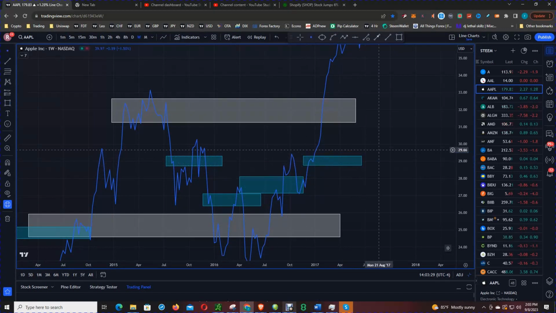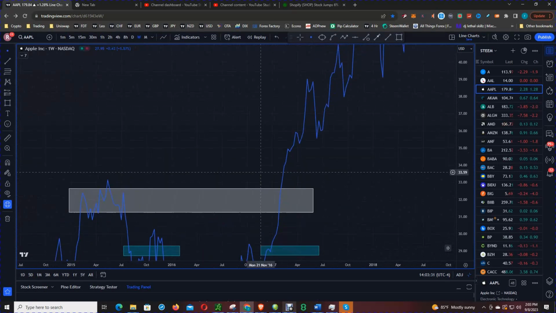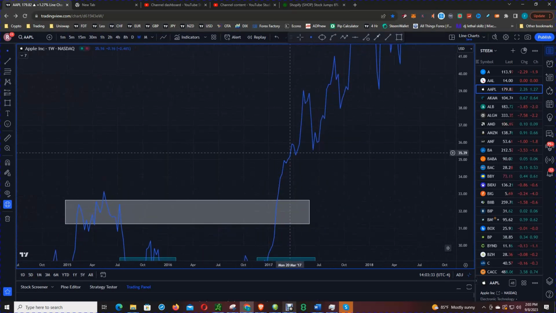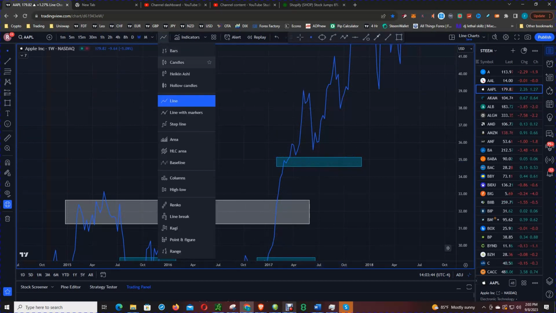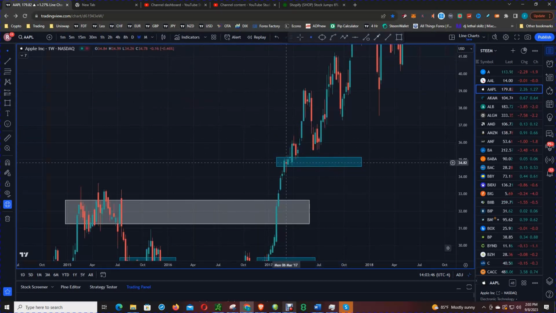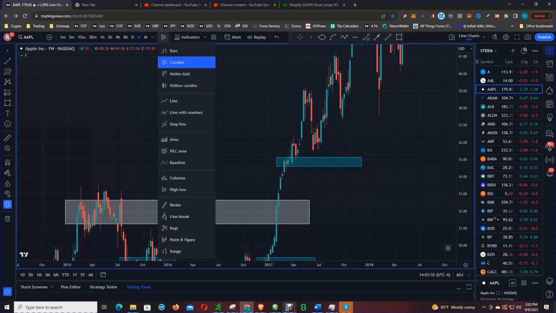Also a flip zone, right? Got the rally, base, rally. Let's see if price pulled back to that level. Yeah. So you have rally, base and candles, rally out, price pulls back, boom. Gotta love it.